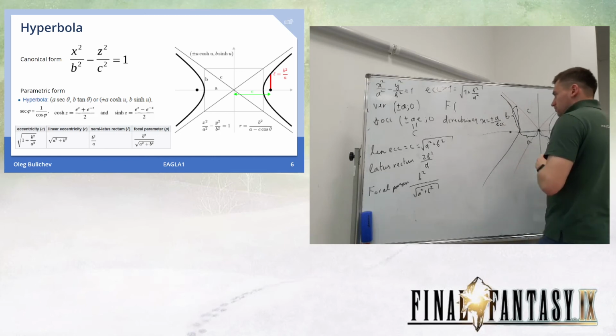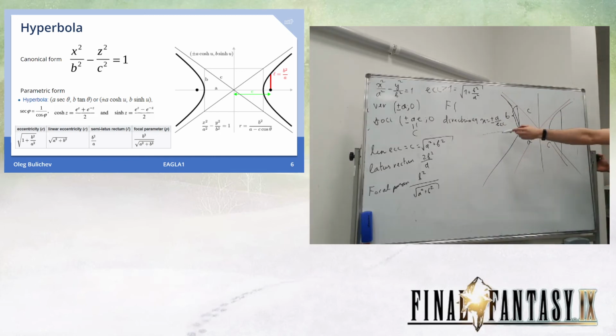So where should it be there? In this place or in this place? For the hyperbola, they are there. Why? Because eccentricity is more than one. Yes, well done. What about the focus?